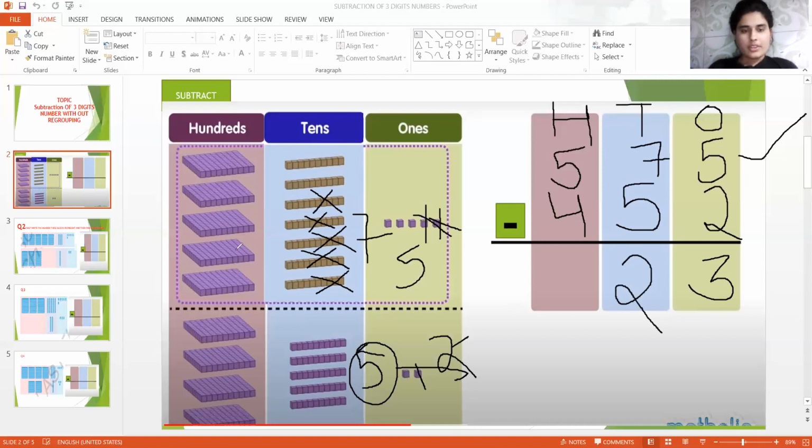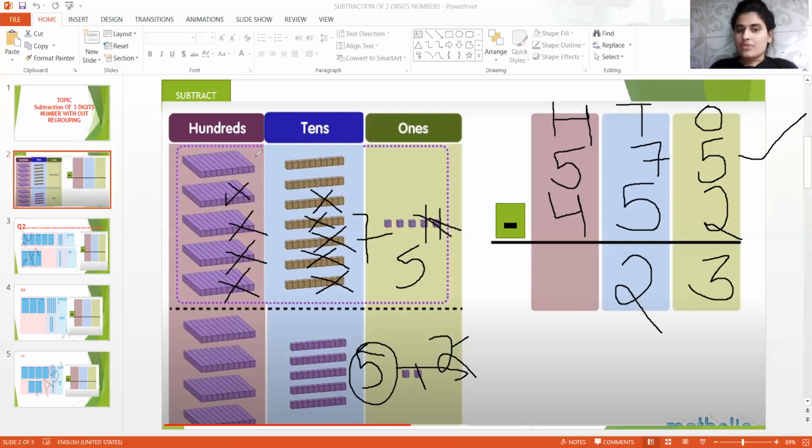Next, we move to hundreds. Here we have 5 and here we have 4. So we need to cut down 4: 1, 2, 3, and 4.